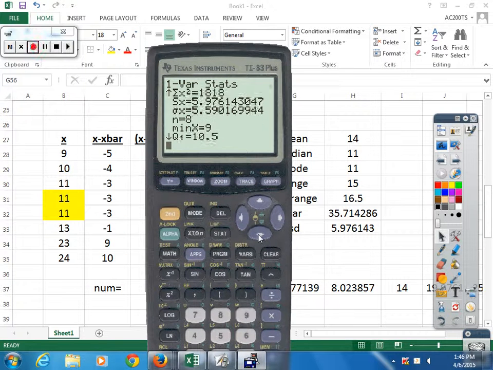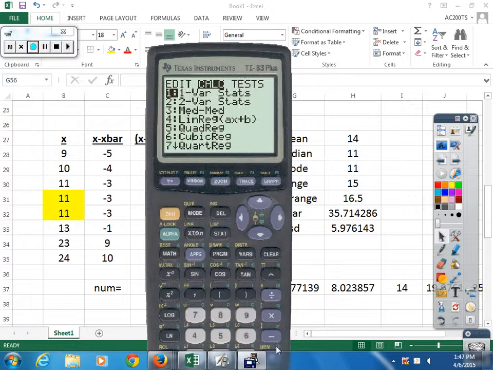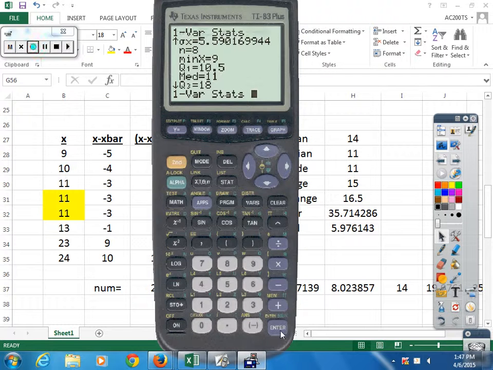It also gives you quartiles, which are down here. Go to Stat, Calc, hit enter one time, and hit enter again.